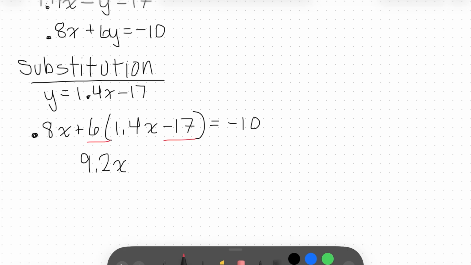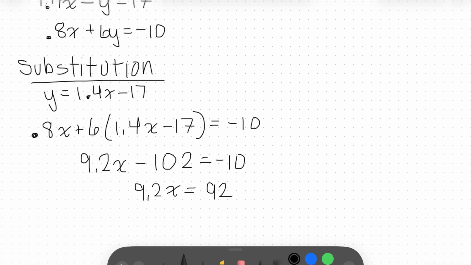So that's going to get me minus 102 equal to negative 10. So isolating x, 9.2x is equal to 92.